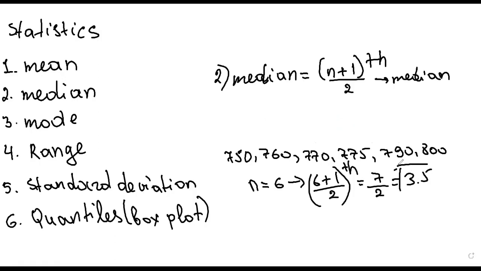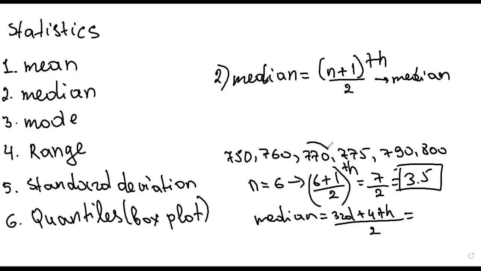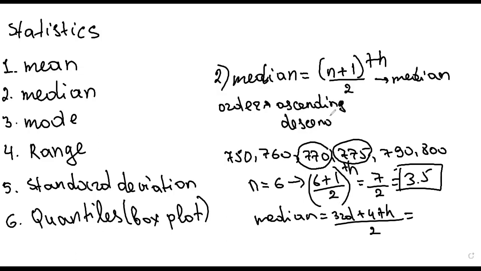What does it mean? It means that our median will be the third number plus the fourth number, divided by 2. The third number is this, and the fourth number is this. And guys, always remember, you need to order these numbers in ascending or descending order, which doesn't matter.